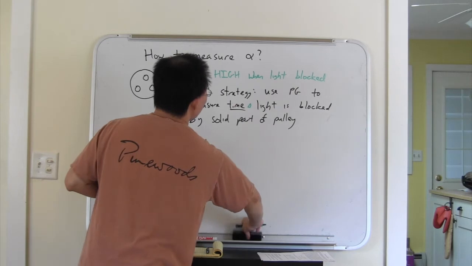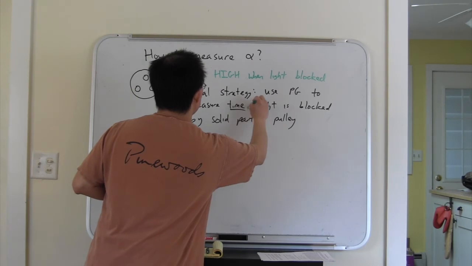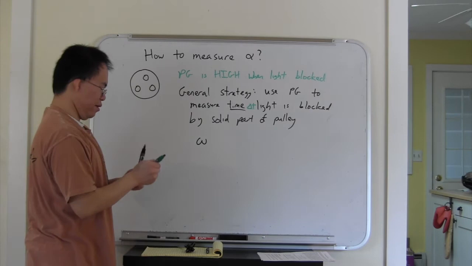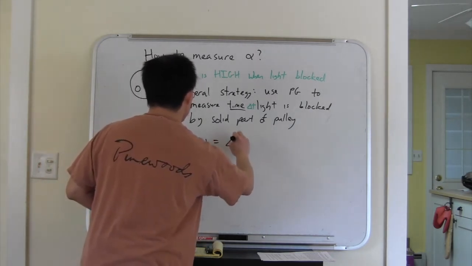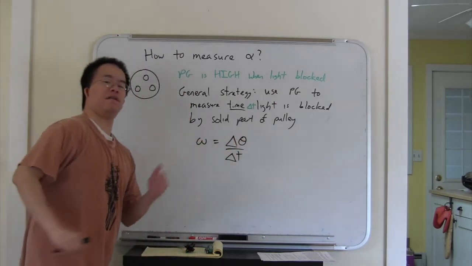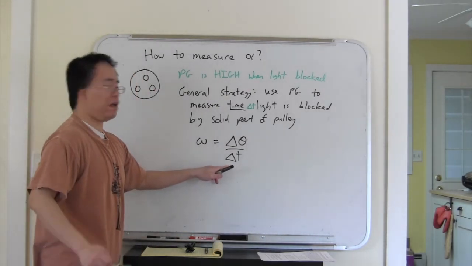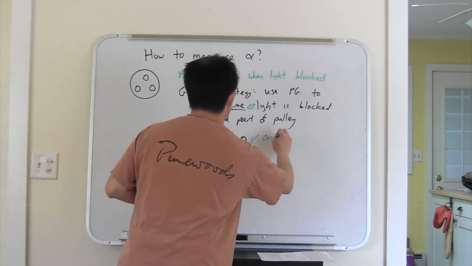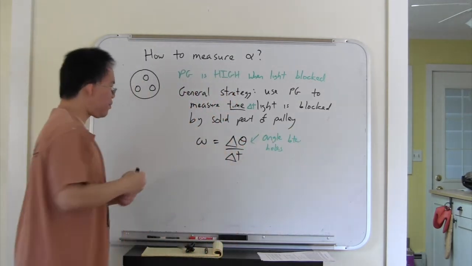Then the angular velocity is going to be given by none other than delta theta divided by delta t, where delta t we can measure with our counter, and delta theta is the angle between holes.